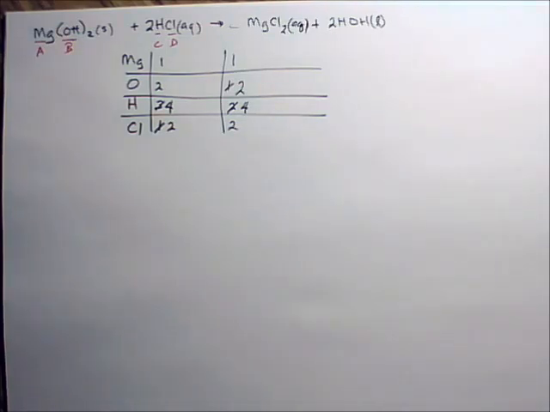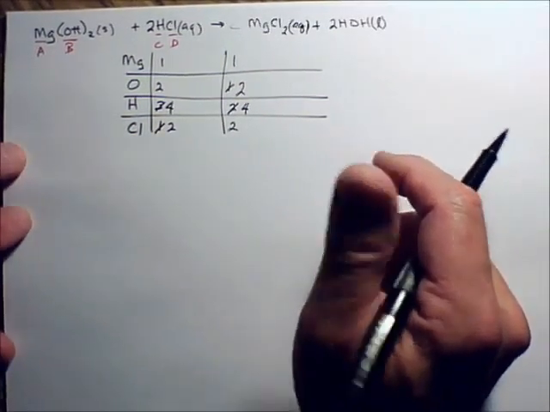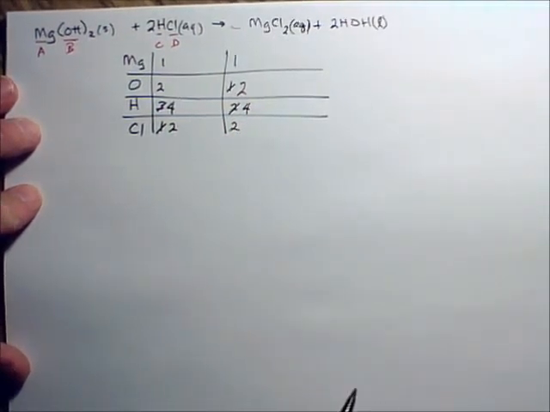All right, but that's just the place to start. Now we're ready to write a molar ratio. The fact that we have these coefficients in front of all these species allows us to write a proper molar ratio.